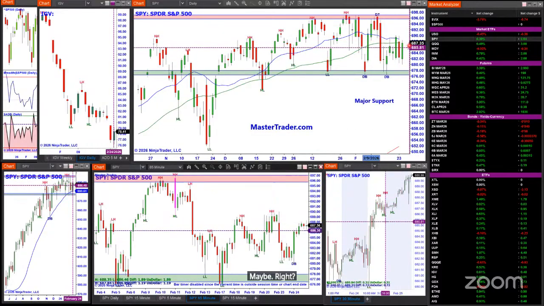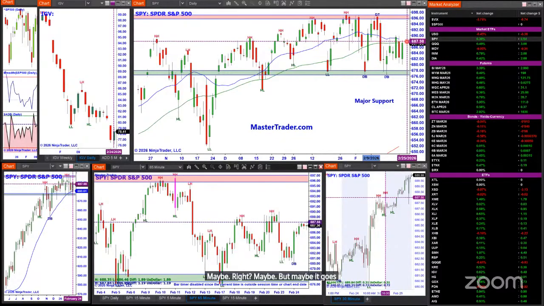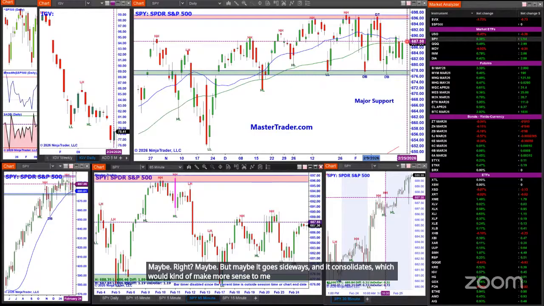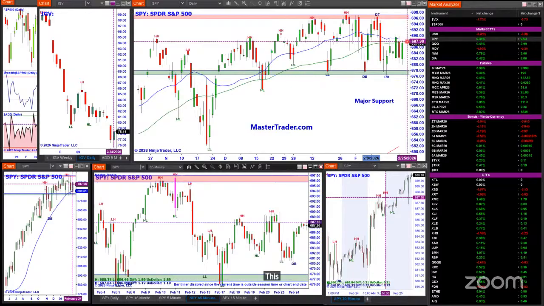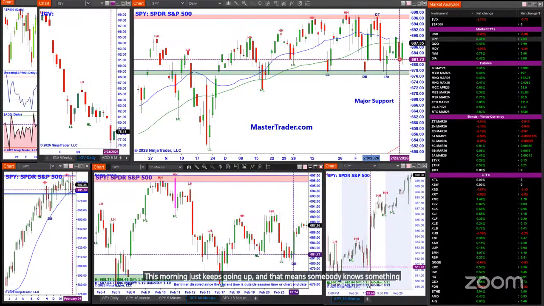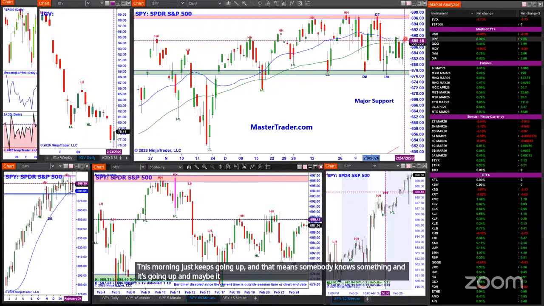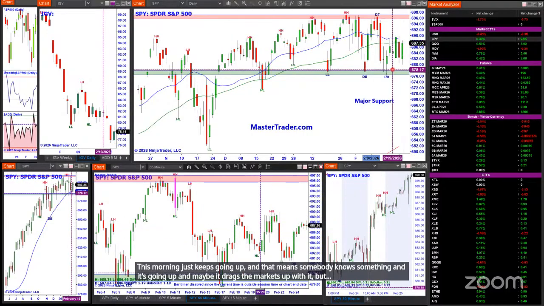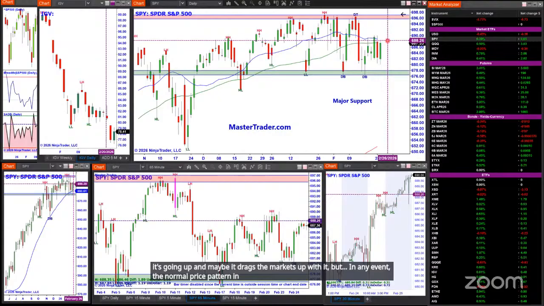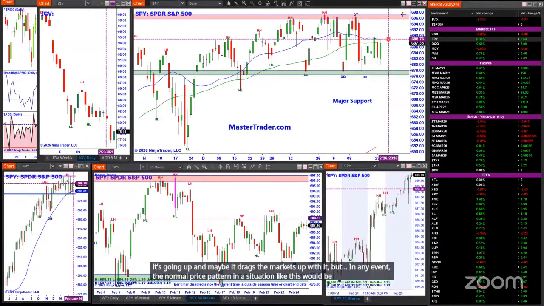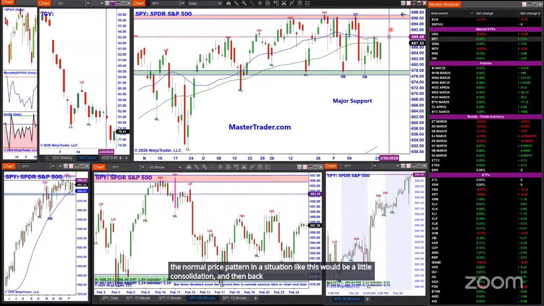But maybe it goes sideways and consolidates, which would make more sense to me, waiting for NVIDIA, unless NVIDIA just rips this morning, just keeps going up. That means somebody knows something, and maybe it drags the markets up with it. In any event, the normal price pattern in a situation like this would be a little consolidation and then back up again. But who knows?